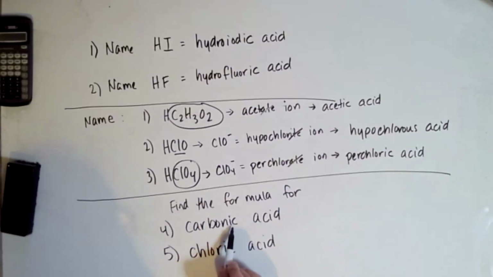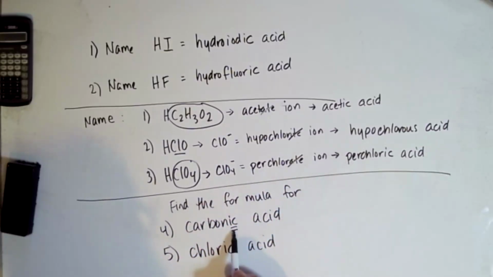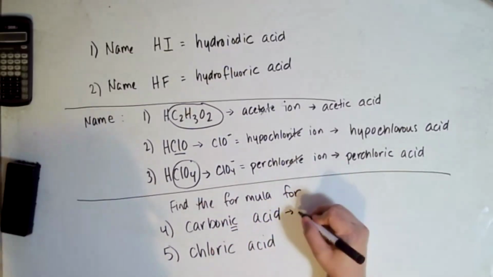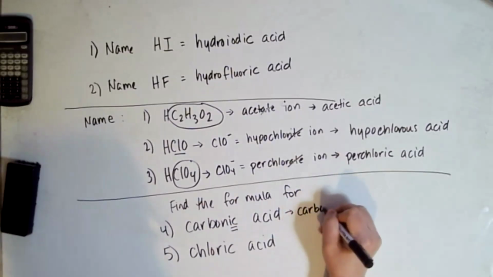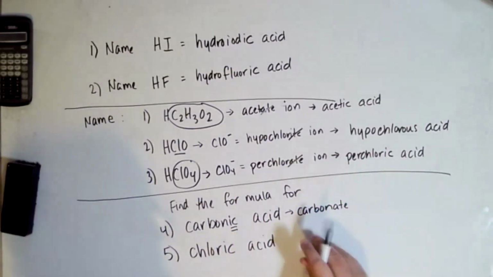Okay. So for our carbonic acid, you focus here and you can talk yourself through this. Like you don't have to know it right away, but sometimes as you're writing it out, going through step by step helps you piece together what exactly is going on. When you look at the word carbonic acid, you can take that word carbonic and you can literally rewrite the word. So take the carbon and change the IC into ATE.